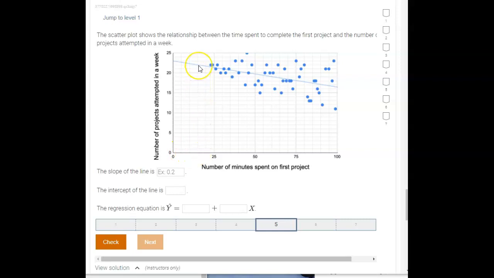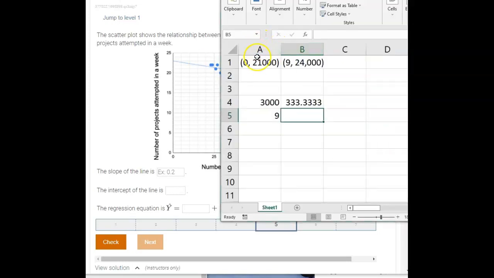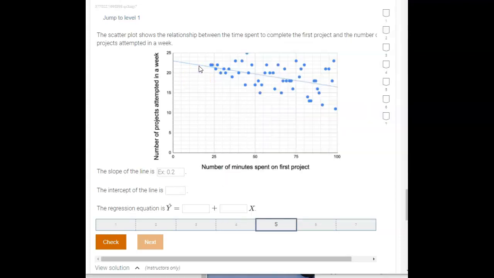X is 15. The line crosses at 15 and y is 23. So for this example, one of my points could be 15, 23. So we're just looking for 2 points on this line. They don't actually need to be data points, actual blue circles from our data. We're just looking at the line.